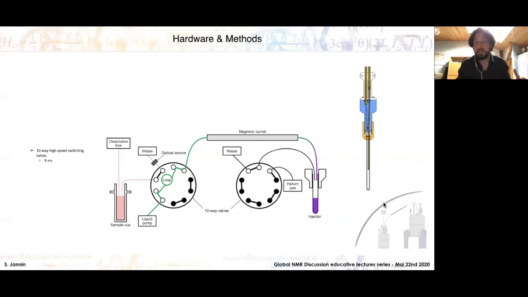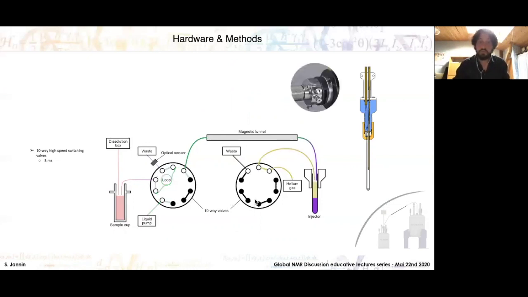And once the NMR tube is filled, you turn another valve to pressurize the tube with helium gas in order to stabilize the solution, and also to avoid bubbles, because there is some degassing that happens and that may cause trouble for the NMR line widths.